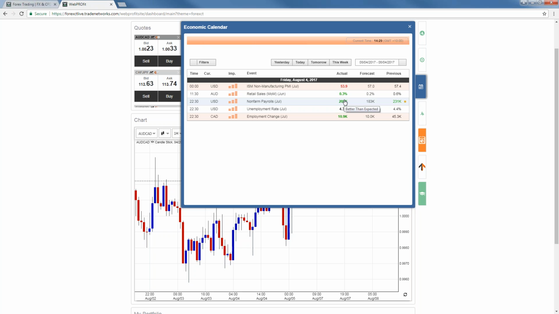And if the output's greater, then there's a higher likelihood of increased inflation and increased interest rates attached to a currency. So we've got a result last week where 209 jobs were created, better than the expected forecast of 183.